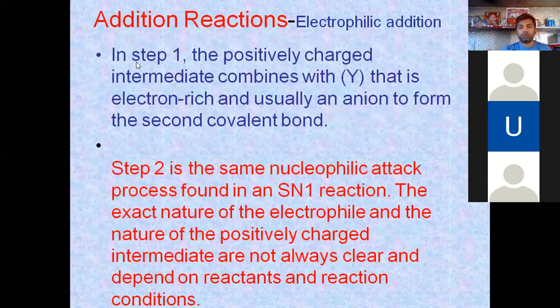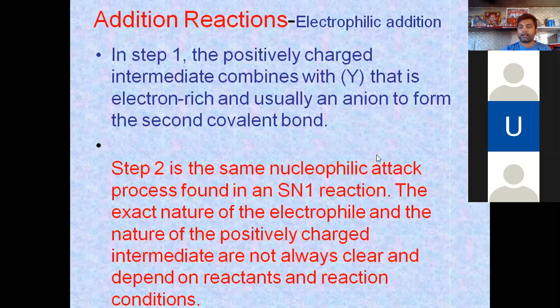Now we'll discuss in detail. In step 1, the positive charged intermediate combines with Y, that is electron rich, and usually an anion, to form the second covalent bond. Step 2 is the same nucleophilic attack process found in the SN1 reaction.